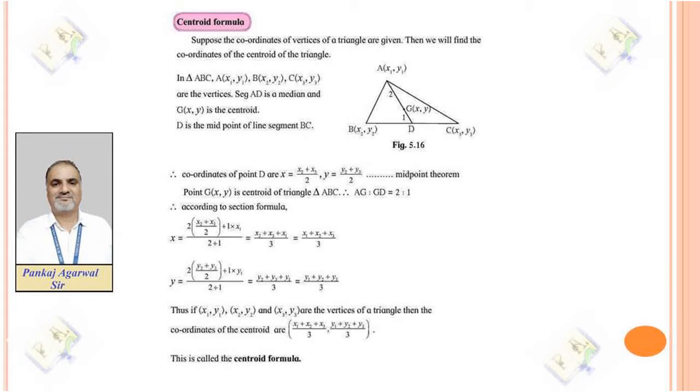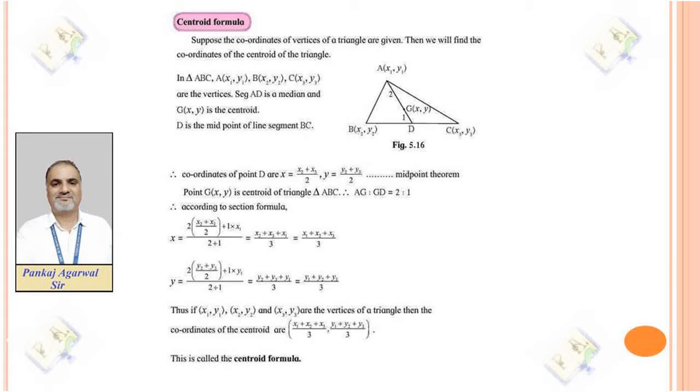We have studied already that the centroid trisects the median. Therefore, segment AD is divided in the ratio 2:1, that is AG:GD = 2:1. So, according to the section formula, the coordinates of G will be as follows.